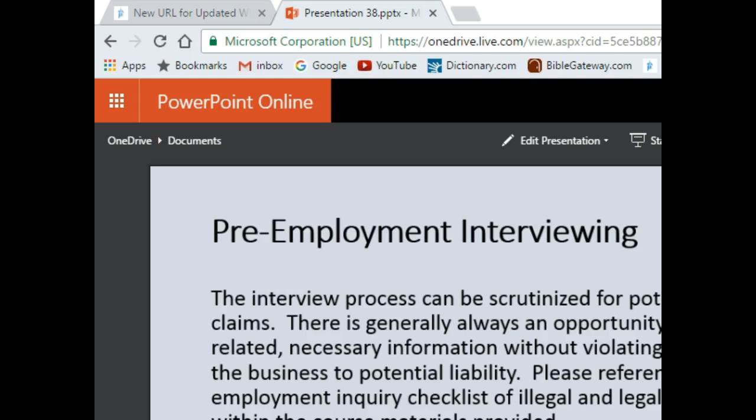Likewise, with regard to the Americans with Disabilities Act, would you want to ask, do you have a disability that would prevent you from performing this job? No. That would be a prohibitive question because it could lead to information that otherwise is private, confidential, and not relevant to disclosure. But here's an alternative.